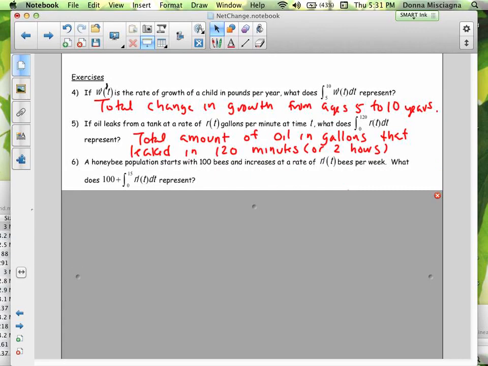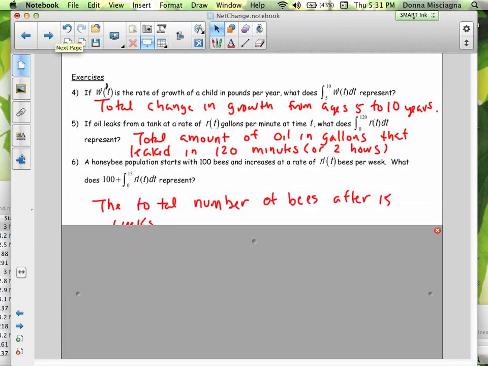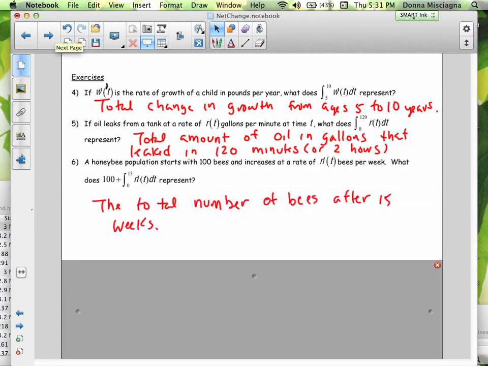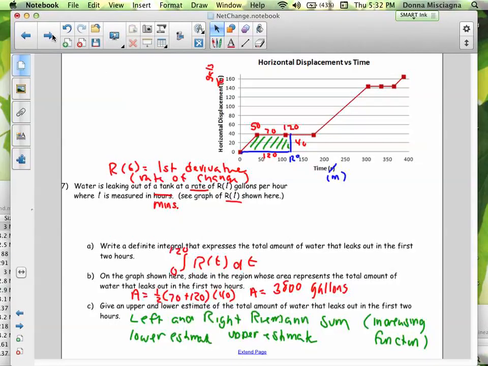The answer is the total number of bees after 15 weeks, right? Because we started with 100, and then we add our displacement, our change in bees. So that's going to give us the total number of bees after 15 weeks. Anytime we integrate and evaluate on our definite integrals, we're getting our rate of change.